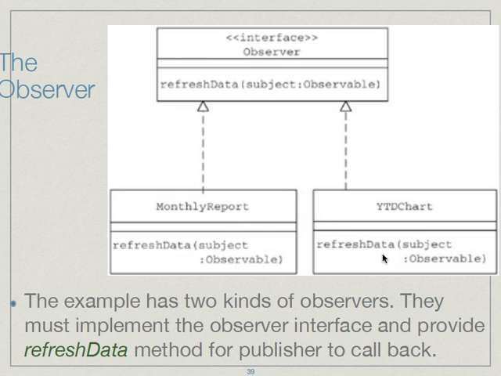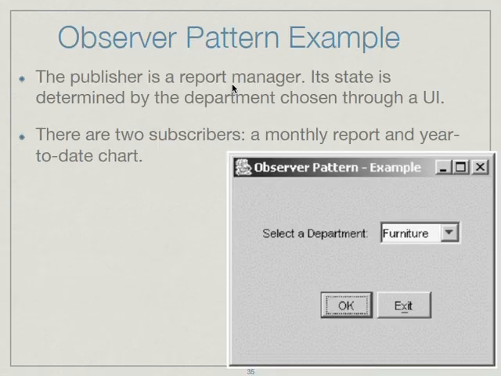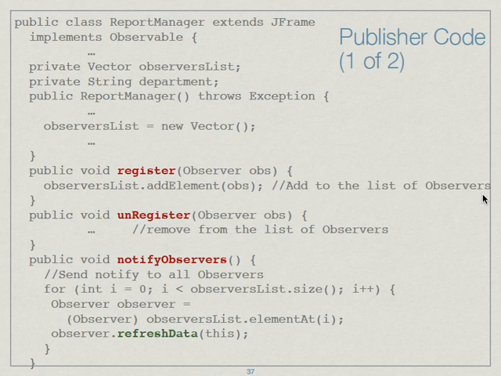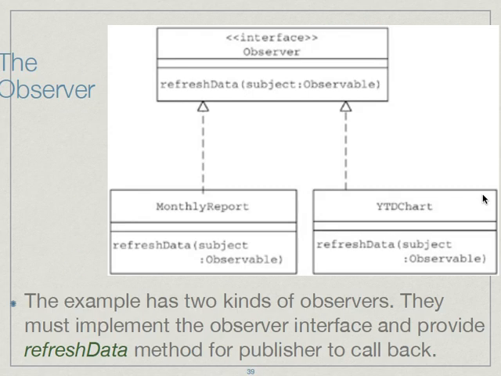The observer side will implement an interface called refresh data, or, my apology, maybe synchronized state. Whatever it's called, it's an interface on this side, and multiple subscribers will need to implement it if I have multiple kinds of observer.